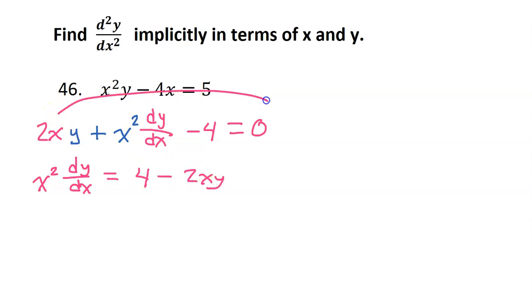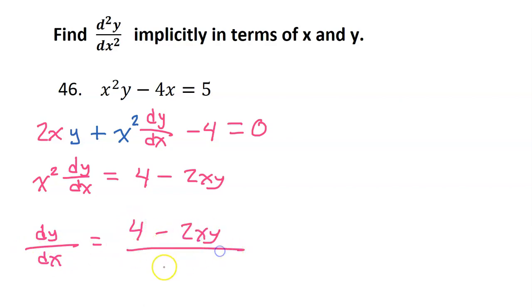I just moved this over there, and I moved this over there. So I'm just going to divide both sides by x squared. That will give me dy/dx is equal to (4 minus 2xy) over x squared. So that is the first derivative.